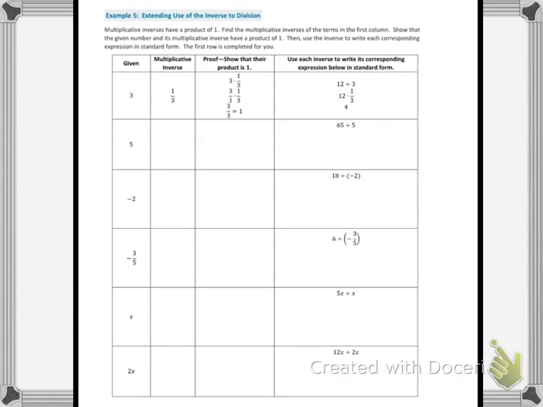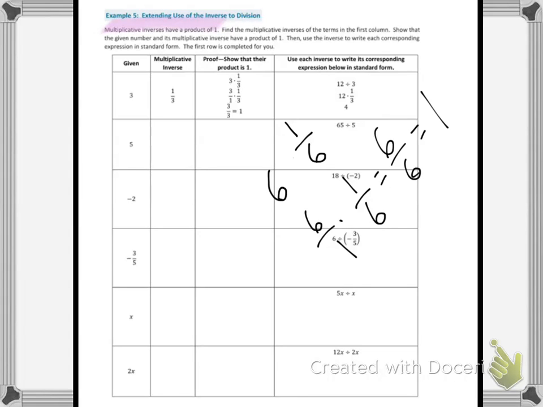Let me go ahead and read here. Most of what I just said is going to be here. Multiplicative inverses have a product of 1. So 6, and its multiplicative inverse is 1/6. If I multiply those together, they equal 6 over 6, which equals 1.